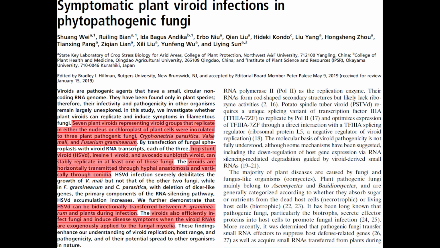There are two main places where that replication happens, and we'll go over that here. There are two main taxa of viroids, and one of them generally infects the nucleus, and the other the chloroplast. It's important to note that viroids, for the most part, pretty much entirely infect plants. They don't infect animals.